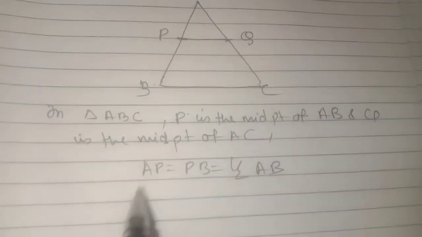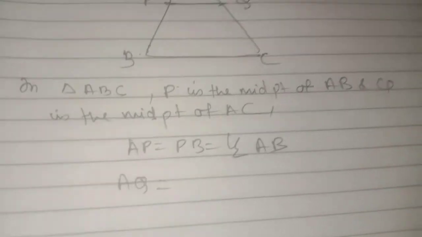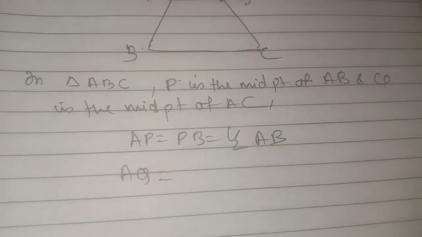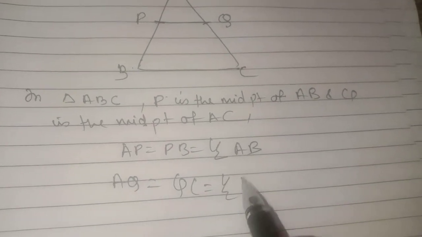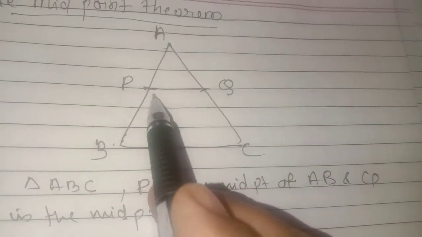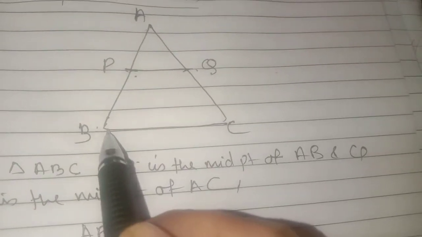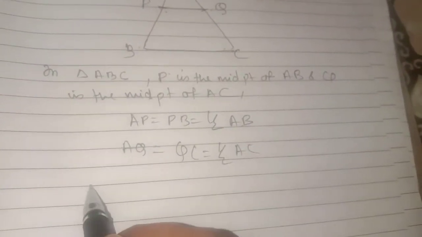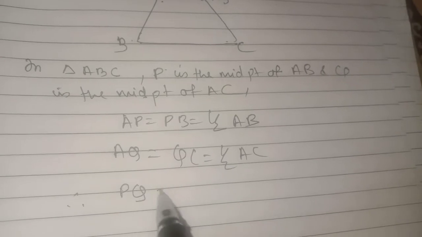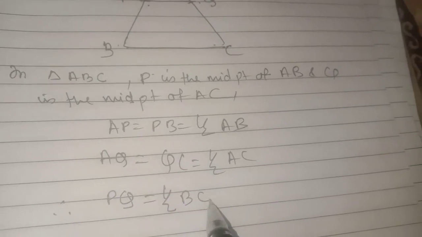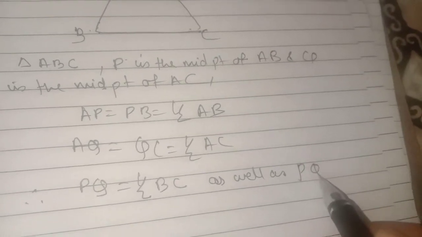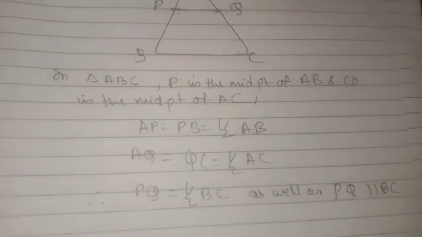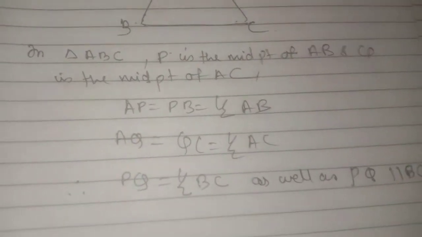Same way AQ is equal to QC is equal to half AC. The same way this PQ is also equal to half BC. Therefore PQ is also equal to half BC, as well as PQ is parallel to BC. So that is the midpoint theorem we have to prove.